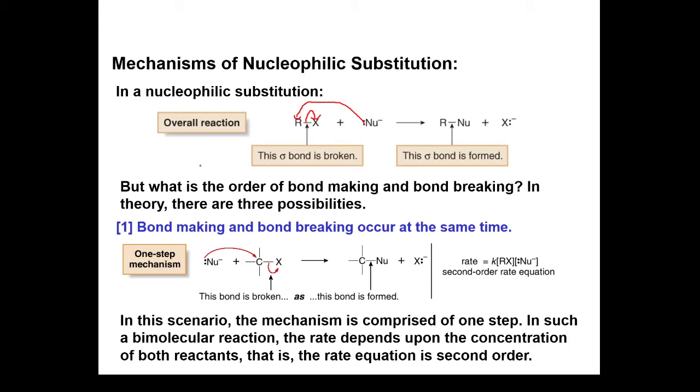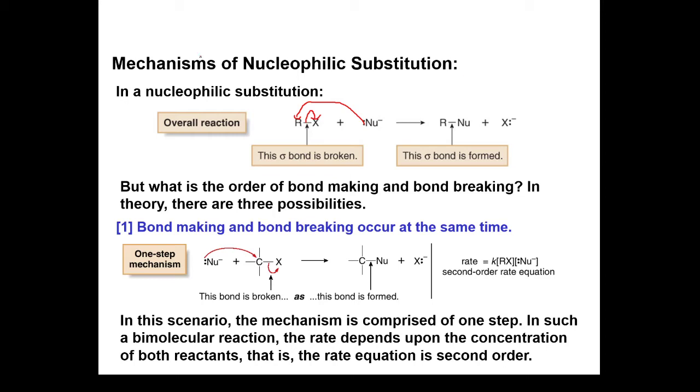So there are two types, the one-step and the two-step. SN1 is two-step. SN2 is one-step. The reason is that the 2 and the 1 come from second order or first order, so back to your chemical kinetics.